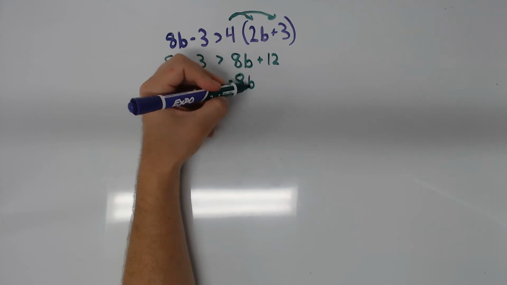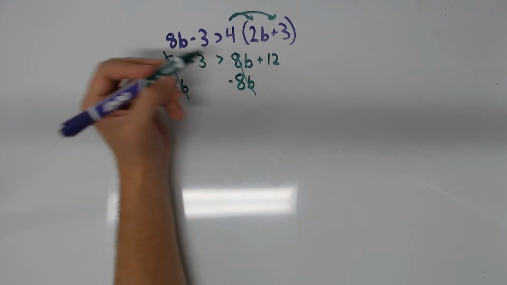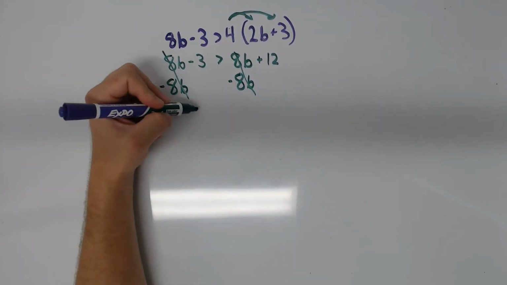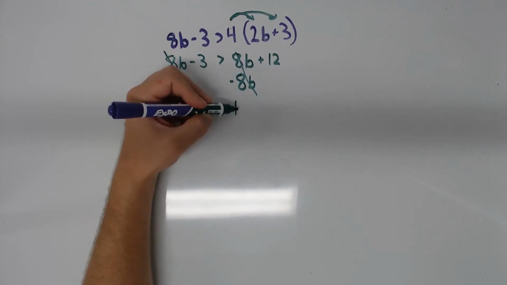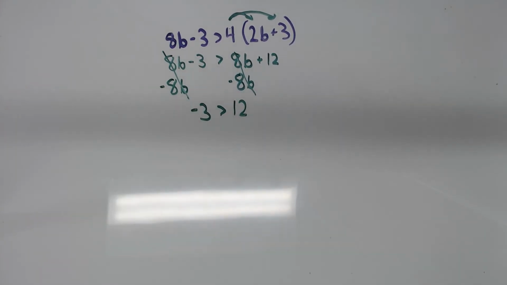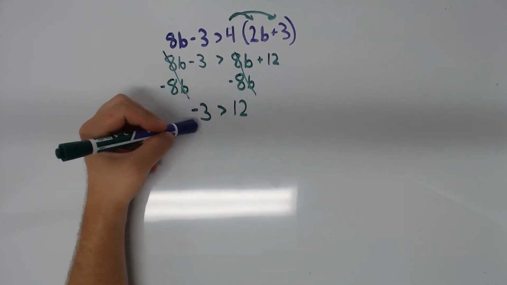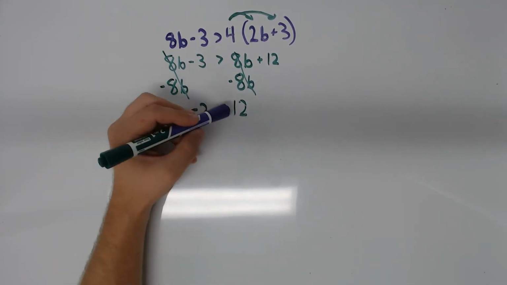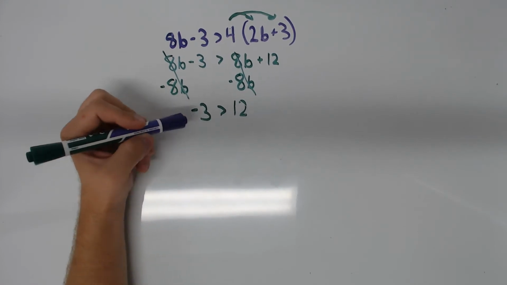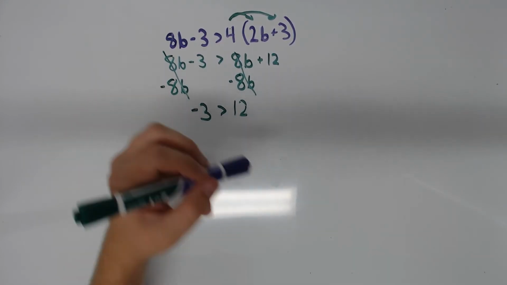So in these problems, the special solutions still happen when both variables cancel out. But now, we can't just immediately say this is no solution. We have to check if the inequality is true. The alligator is eating the -3. Is -3 bigger than 12?